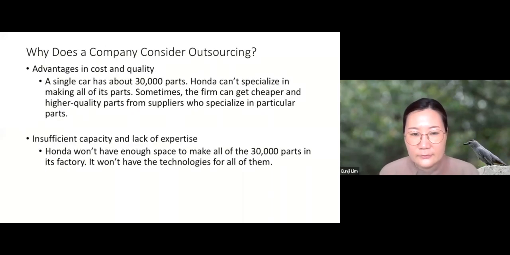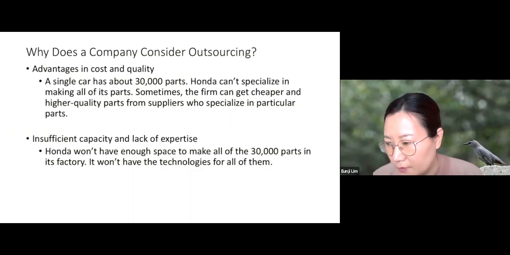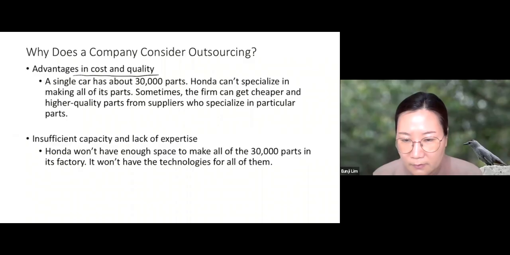So let's think about why a company should consider outsourcing. There may be advantages in cost and quality. A single car has about 30,000 parts, and Honda can't specialize in making all of its parts.